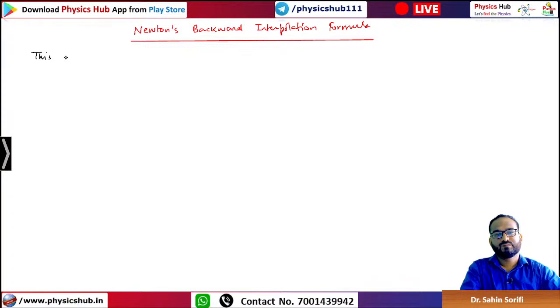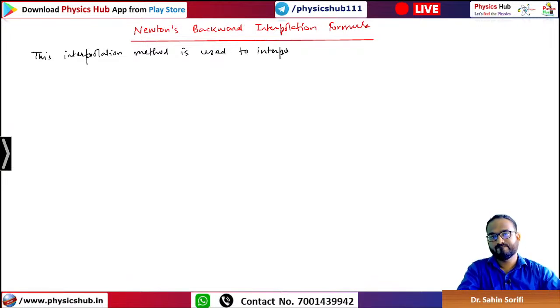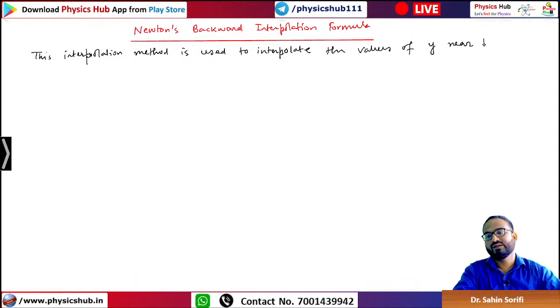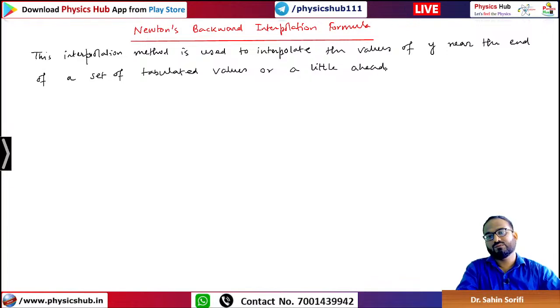This interpolation method is used to interpolate the values of y near the end of a set of tabulated values, or a little ahead. Okay, you can go out of the table also.